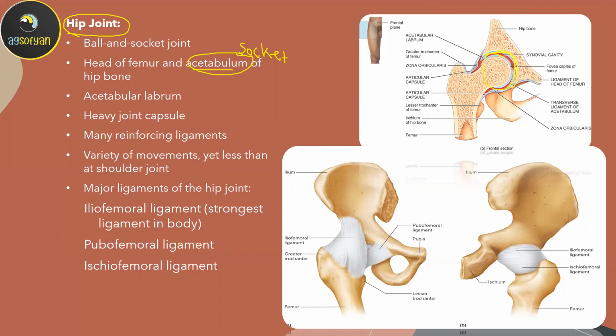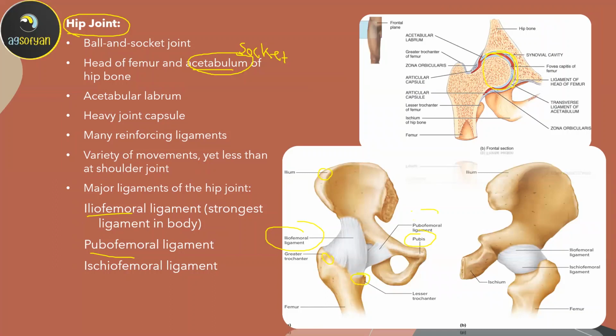The first one is called the iliofemoral ligament. Yes, this is the iliofemoral ligament, which is between the ilium and the femur. And then the pubofemoral ligament, which is between the pubic bone, the pubis, and the femur.